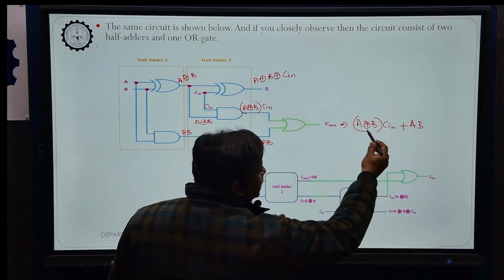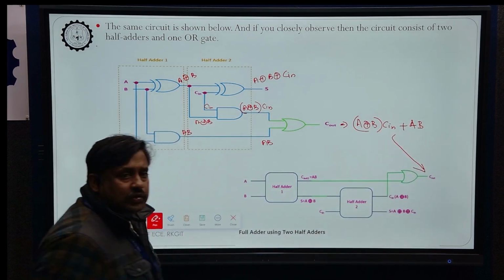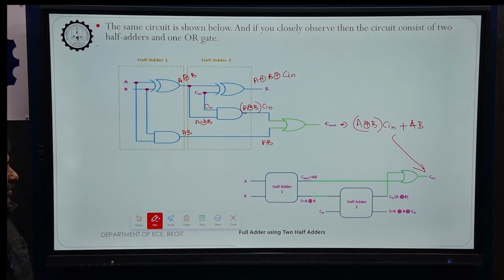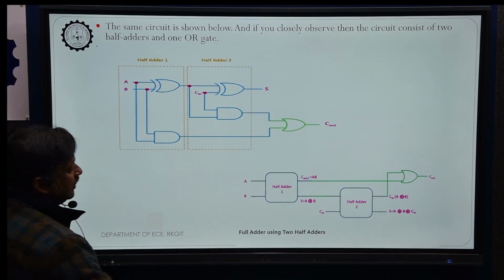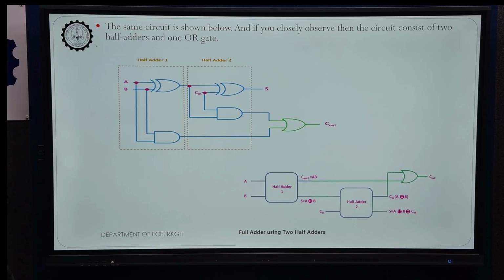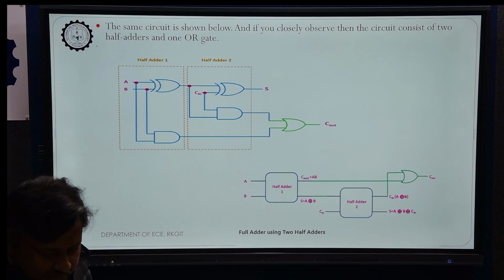So this way we can design the full adder. Okay, so I think now the design of half adder and full adder is clear for you.